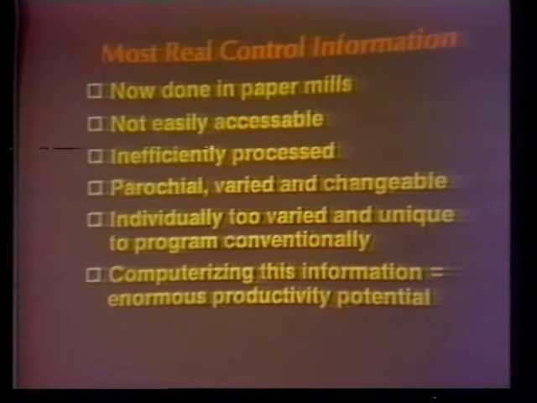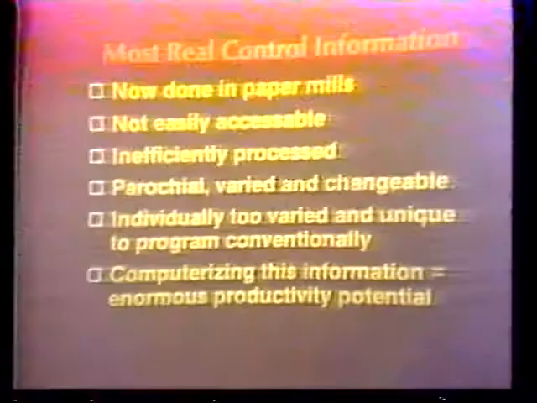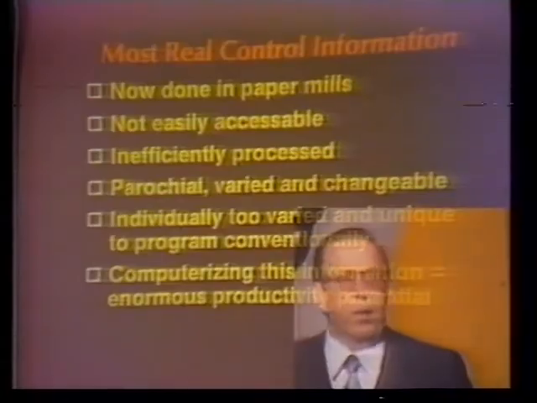These things are not even being asked for because, well, it's just too varied and unique to program conventionally. And then they see already how difficult it is to get the larger scale applications developed. But if we could computerize this information, if you could really implement computer power on a grand scale out there and do these things, obviously the productivity potential is enormous.